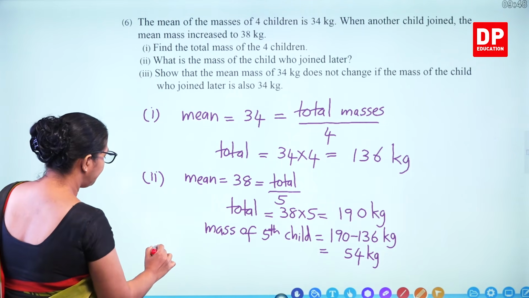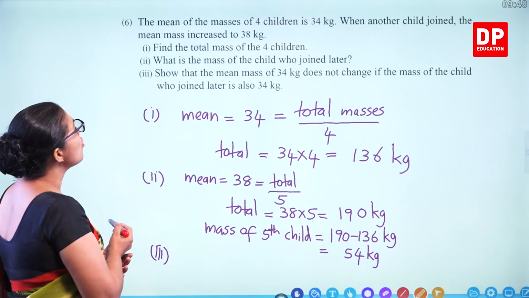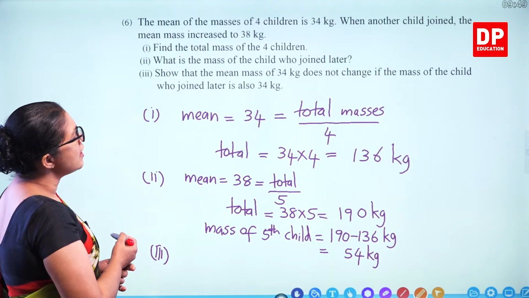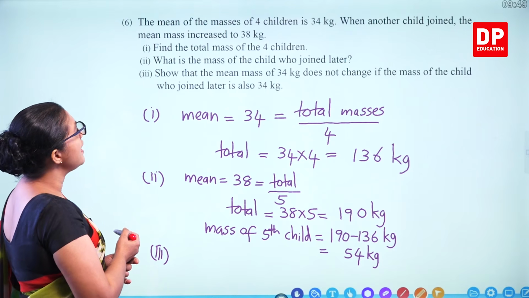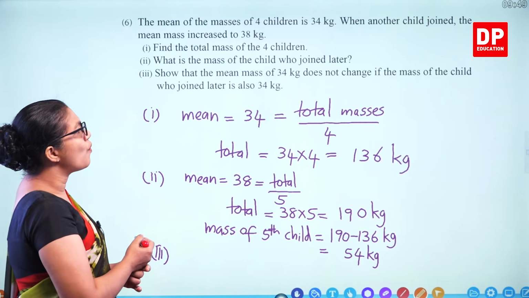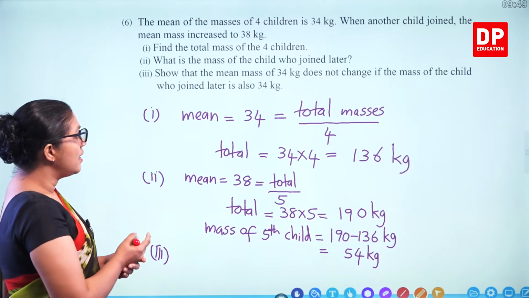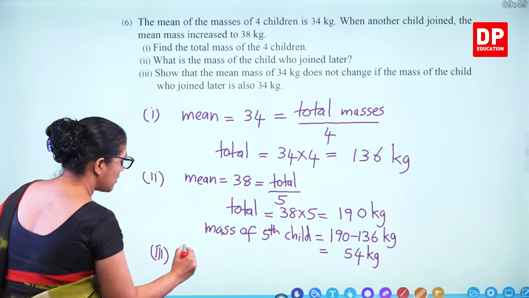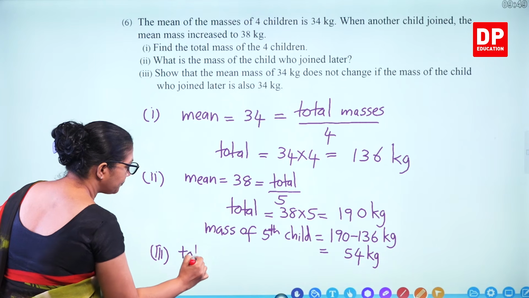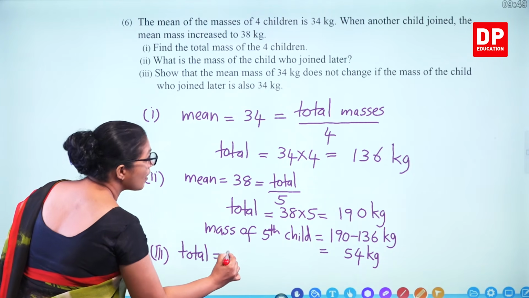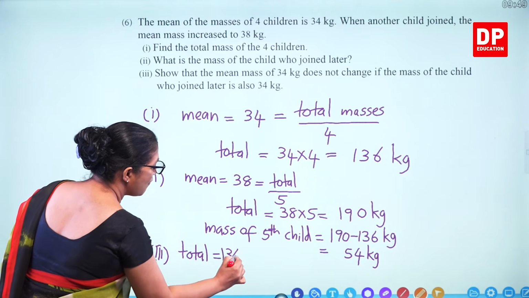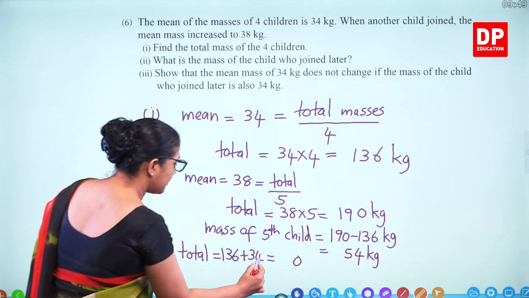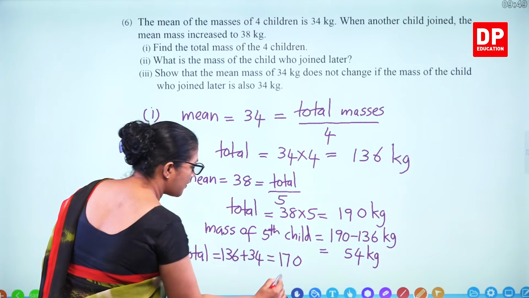So third one, show that the mean mass of 34 kilograms does not change if the mass of the child who joined later is also 34. So here, if this is 34, then what's the total? 136 before and add 34 to that, you get 170.